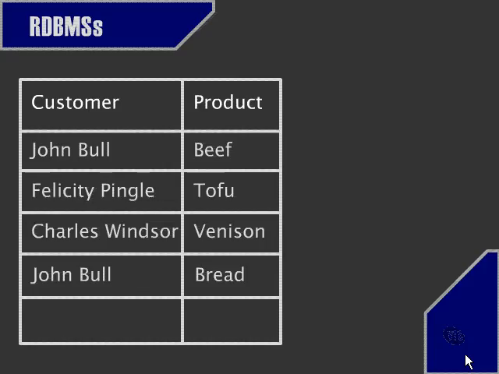For instance, if when John Bull enters the shop, a new person is working behind the counter, they might not know John Bull. They might have to ask him for his name. They might mishear it, and instead of John Bull, they hear John Ball. Later on, when we try to run a query to find out what products John Bull has bought from us, the only one that will be beef, because the computer isn't intelligent enough to recognize that John Ball is just a misspelling of John Bull.